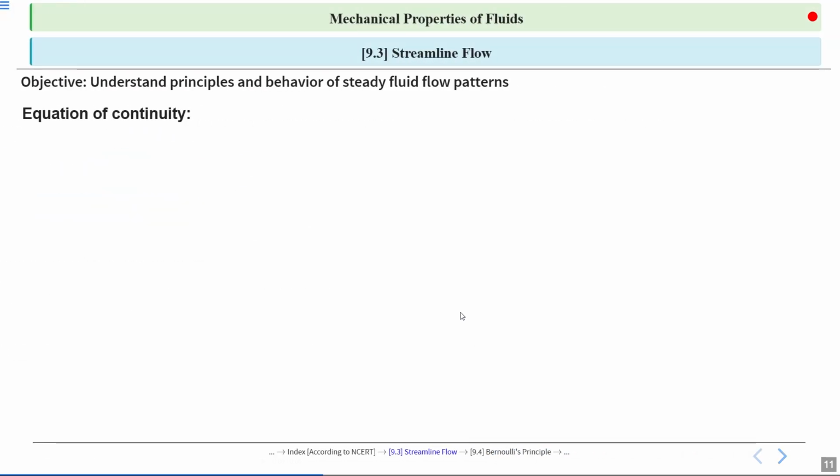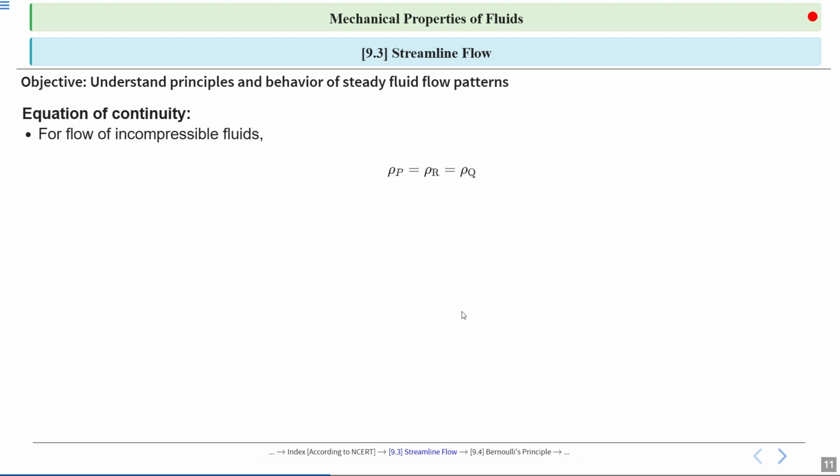Now, let's look at what happens when a fluid is incompressible, meaning its density does not change as it flows. Here, the density at point P, point R, and point Q are equal. Rho_P is equal to rho_R is equal to rho_Q.